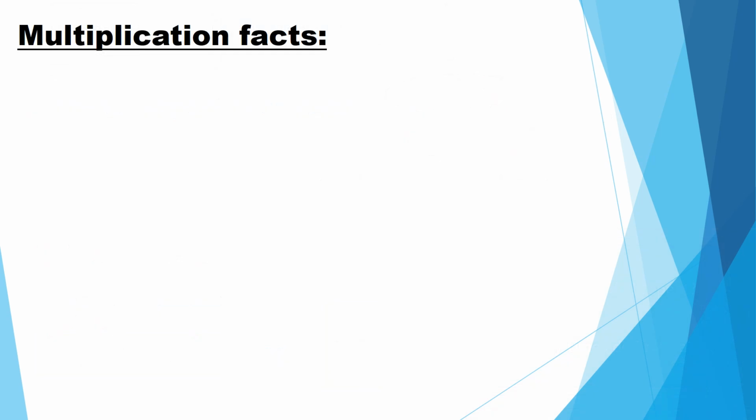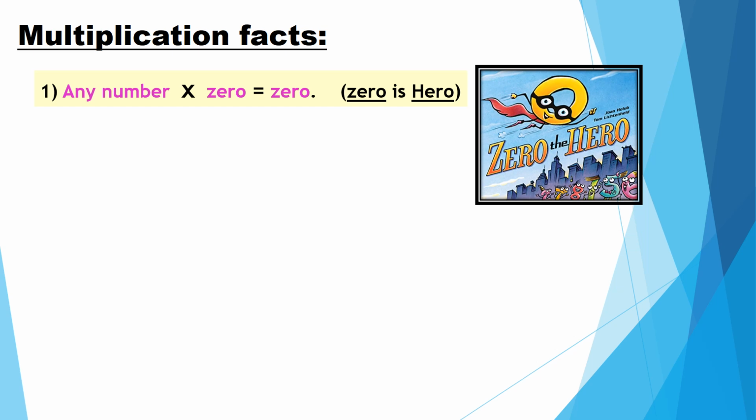Now, let's see our multiplication facts. The first fact we have: 0 is a hero. What do we mean by 0 is a hero? Any number times 0 equals 0. Always 0 wins, and we call 0 a hero.